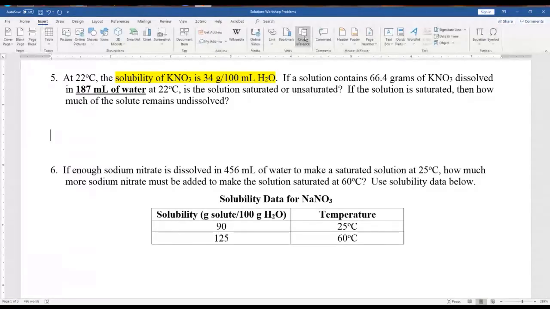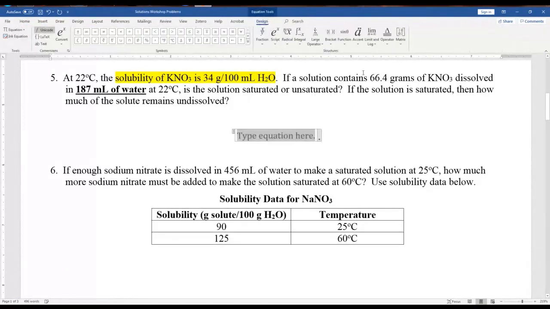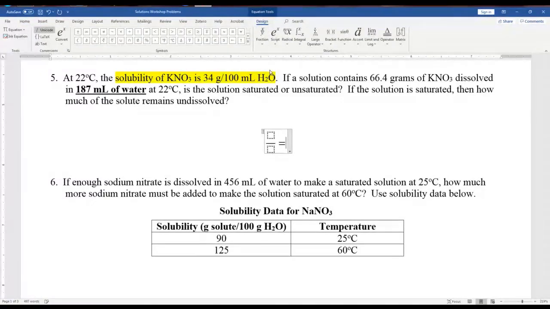So one of the things that I would do here is set up a ratio. On the one side of the ratio, I'm going to put my solubility, 34 grams KNO3, with the appropriate subscript just so it looks fancy.